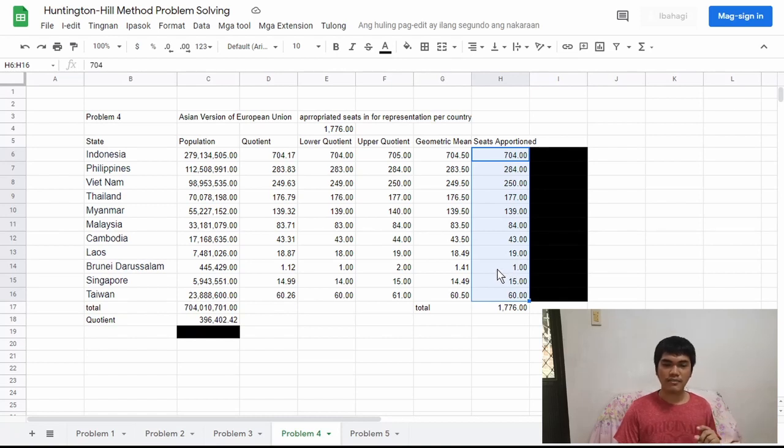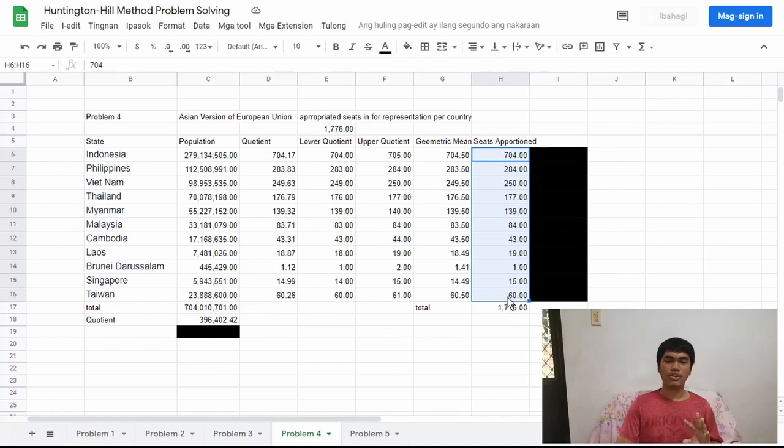Brunei Darussalam, which is the most PT1 because it got only 1 seat appropriated. Singapore got 15 and Taiwan got 60.